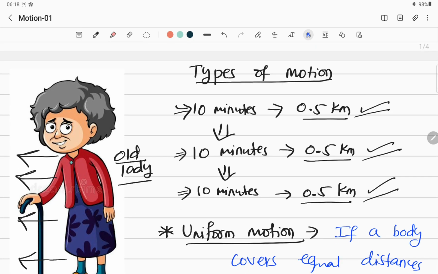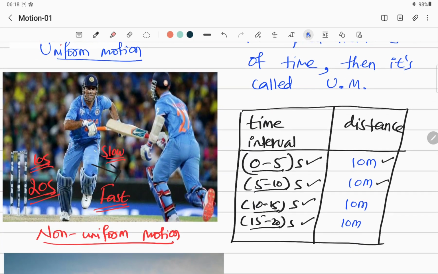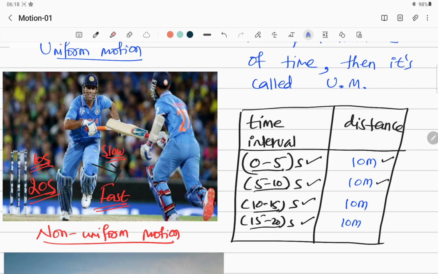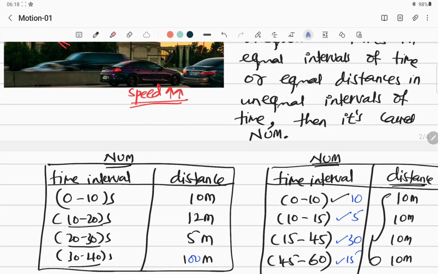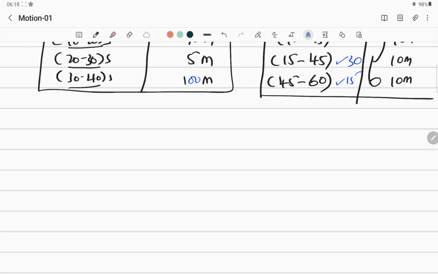I have given you the example of uniform motion, then an example for non-uniform motion, and I have given tabular representation also. So I was talking about that word called kinematics. There is a big branch of physics which is called mechanics.